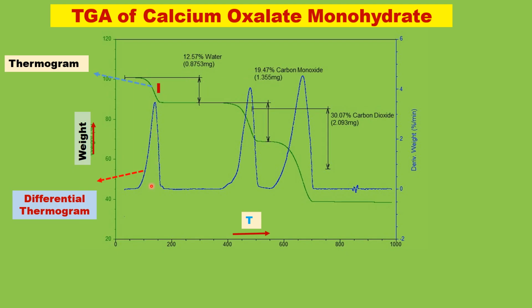And in the differential curve, dm/dt, you will get a peak at this point. So this is one peak, and then this drastic weight change corresponds to the step 2 chemical reaction, and similarly you get a peak in the differential thermogram.